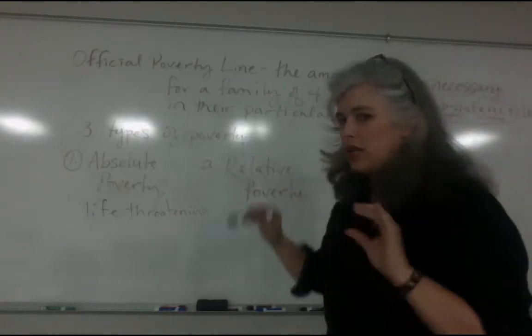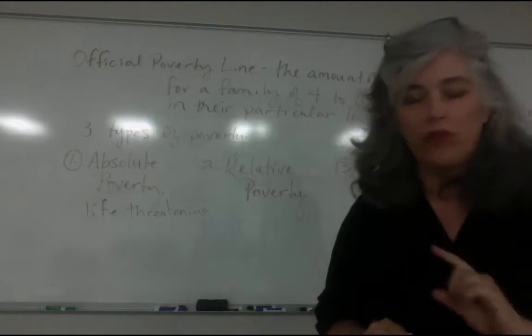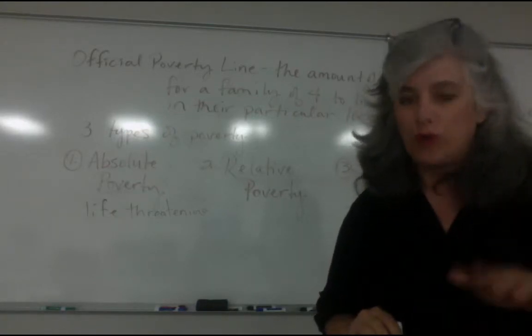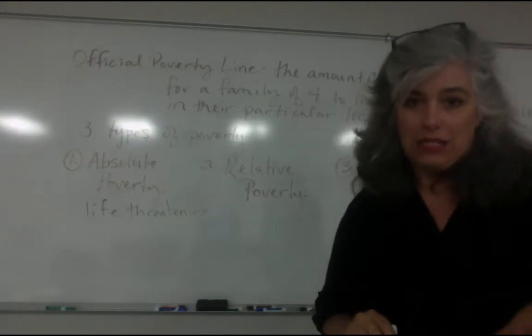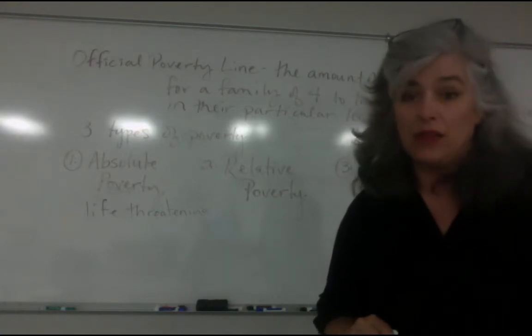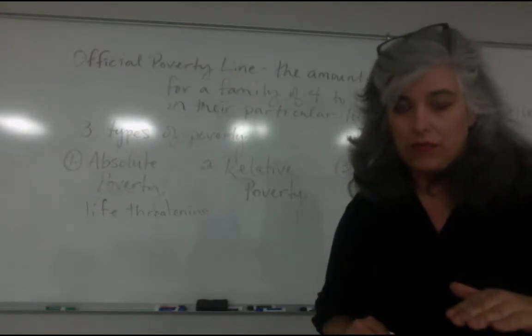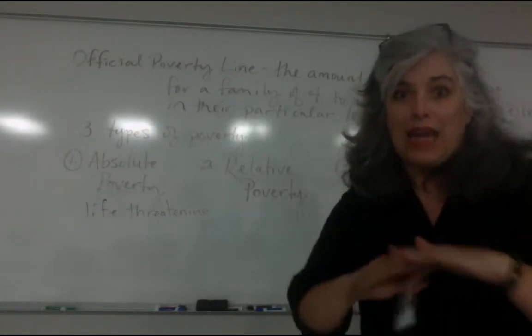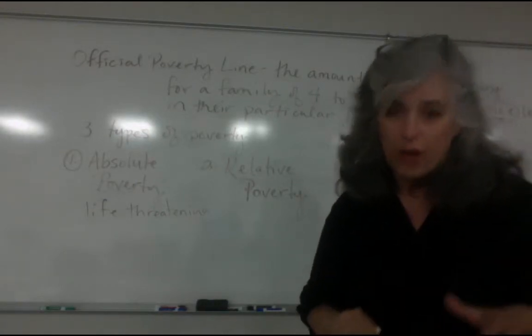Absolute poverty conditions are those conditions in which you cannot provide yourself or those who depend on you with subsistence level needs. Just subsistence level stuff. Your life chances are not there for subsistence level needs, not on a regular basis.